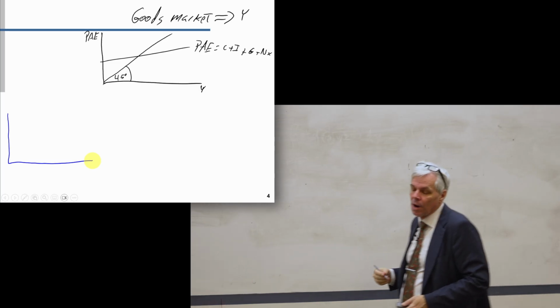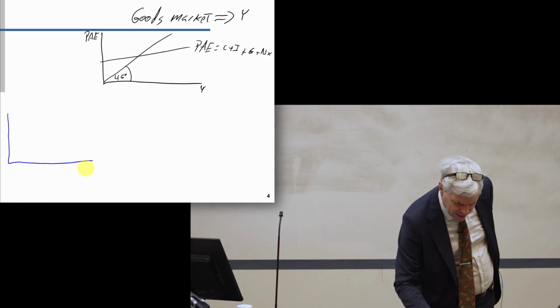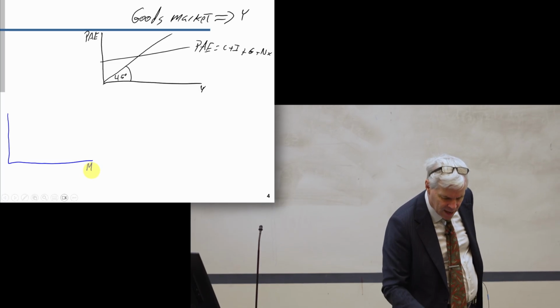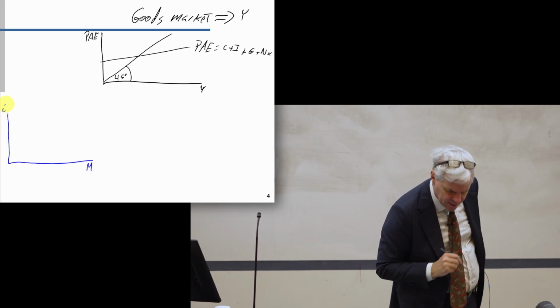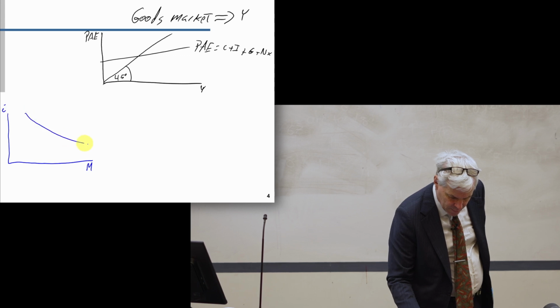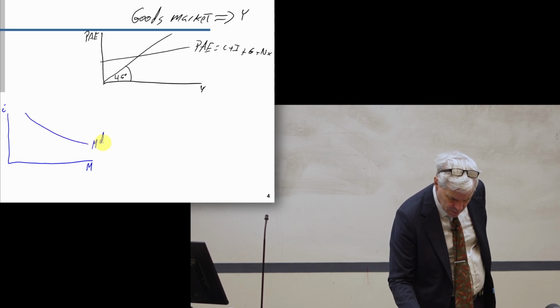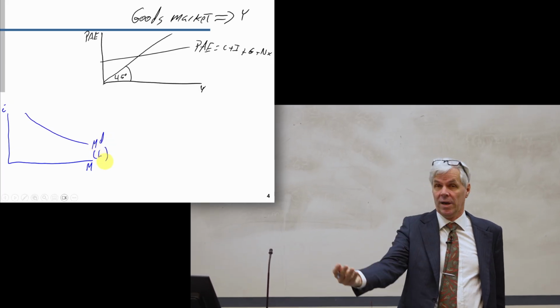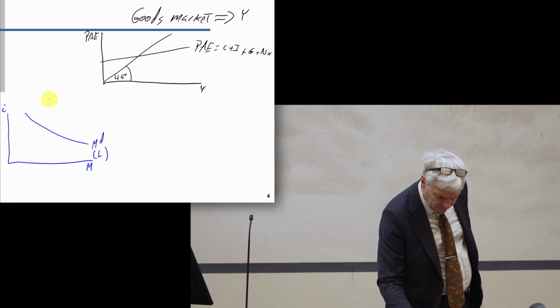Right. And this is our money market. So we've got the amount of money in the economy, and we have the price of money, which is the nominal interest rate, and we've got the demand for money, also often called L for liquidity, demand for liquidity, right?